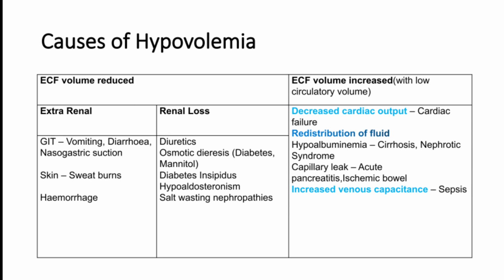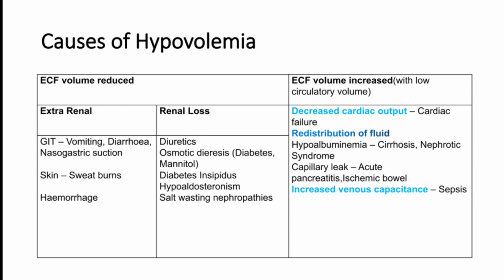Whereas in conditions where the extracellular volume is increased but effective circulatory volume is low, that is cardiac failure, where the patient is bloated but there is reduced circulating volume and decreased cardiac output. Redistribution of fluid like hypoalbuminemia, cirrhosis, nephrotic syndrome, capillary leak, acute pancreatitis, ischemic bowel disease, increased venous capacitance like sepsis, where the patient is having volume overload but circulatory volume is reduced.